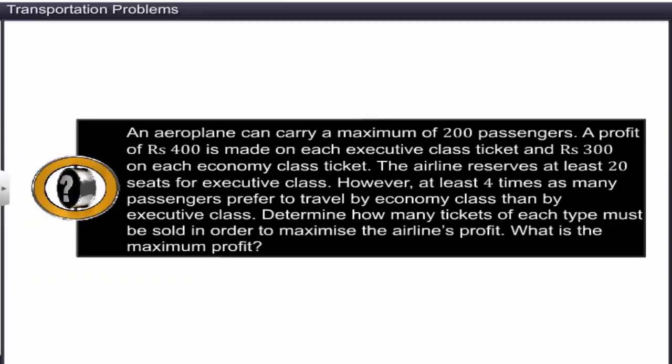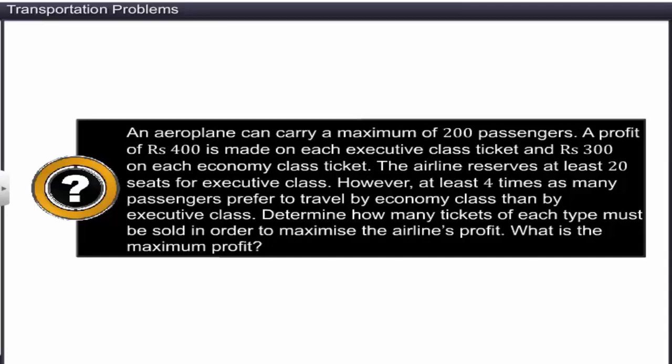Let's take up one example. An aeroplane can carry a maximum of 200 passengers. A profit of 400 rupees is made on each executive class ticket and 300 rupees on each economy class ticket. The airline reserves at least 20 seats for executive class.